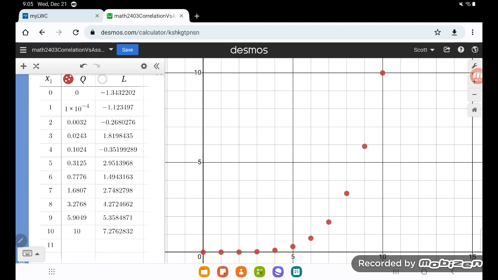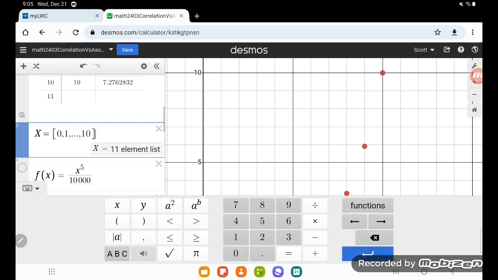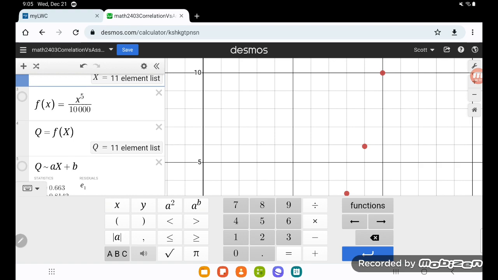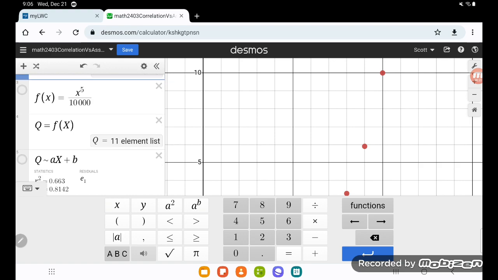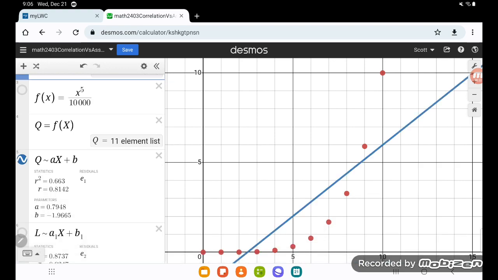Let me click in here. Now I can do it. Okay, there we go. So there's a nice straight line, that blue line.